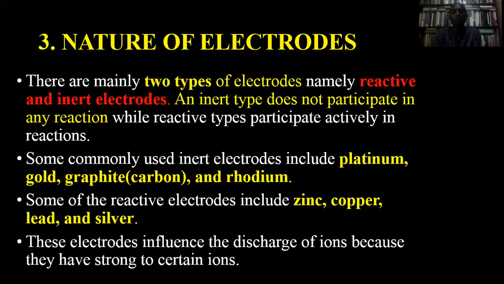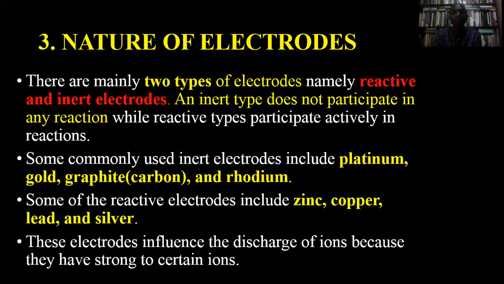Some common inert electrodes, the ones that do not participate in the chemical reaction: platinum electrode, carbon electrode, which is normally graphite, and gold and rhodium. These are the inert electrodes we have.